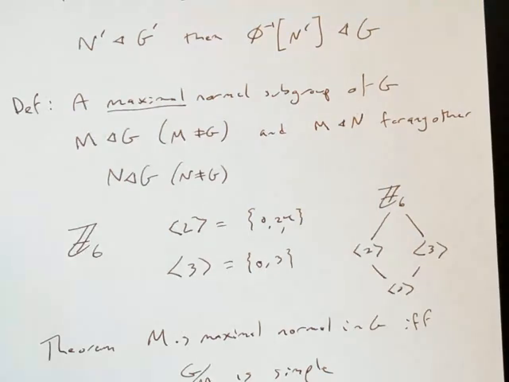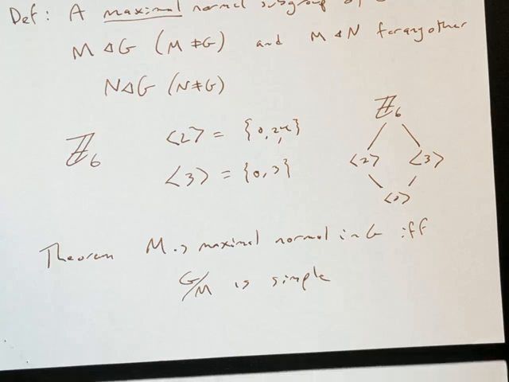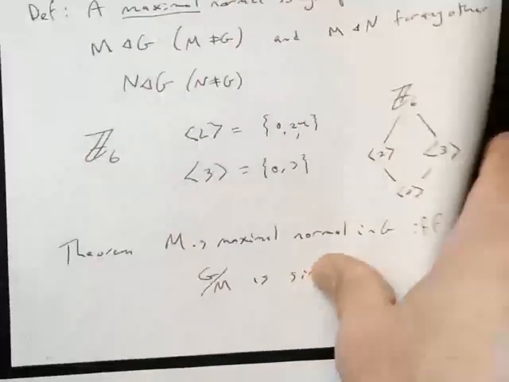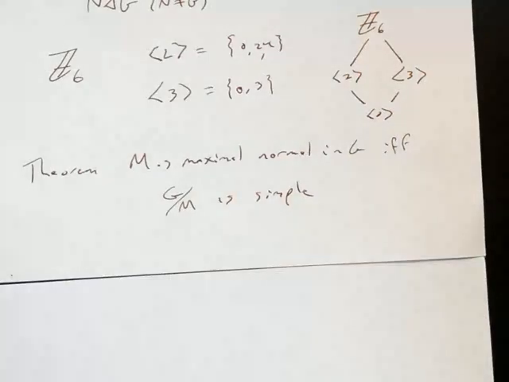If I have a maximal normal subgroup, then when I factor by it, the result is simple. In abelian groups, simple groups are prime.